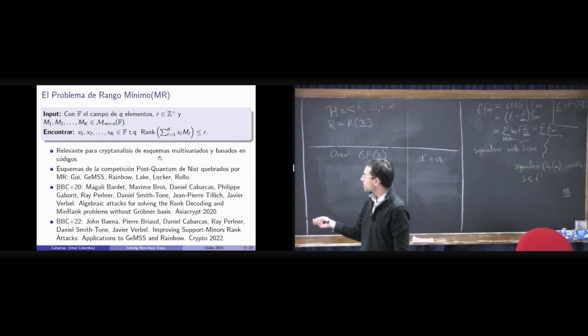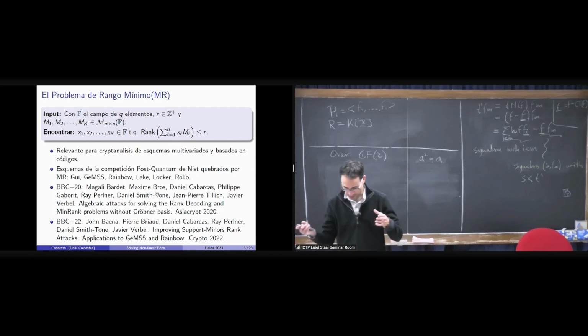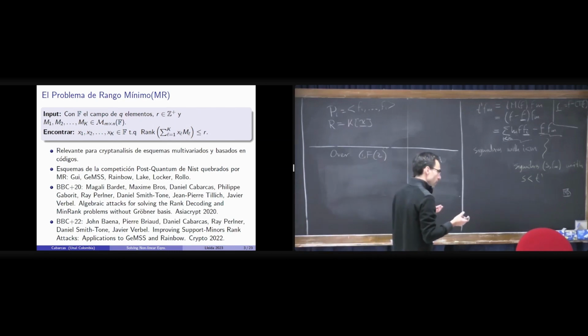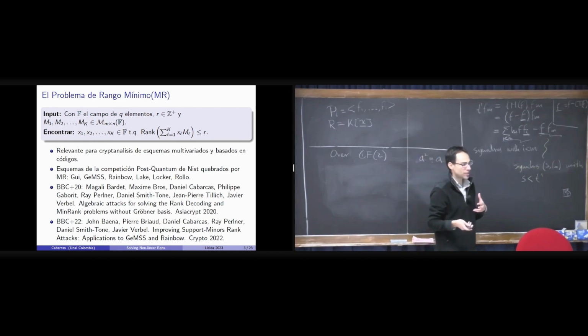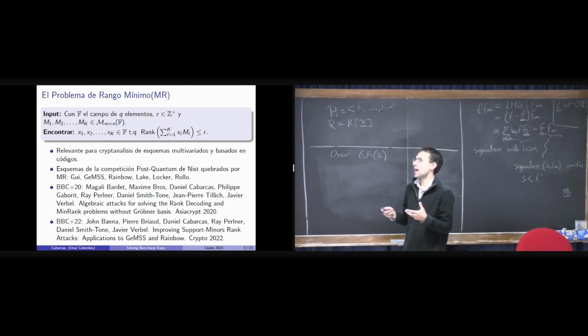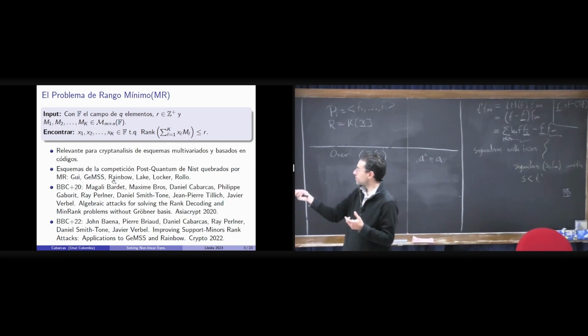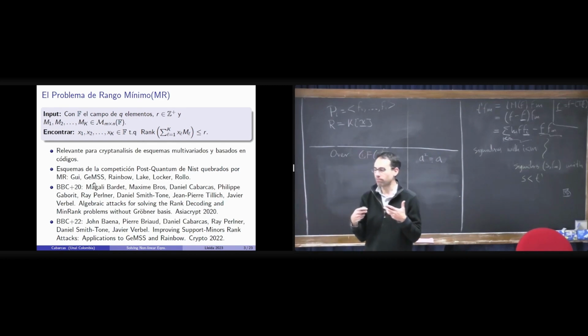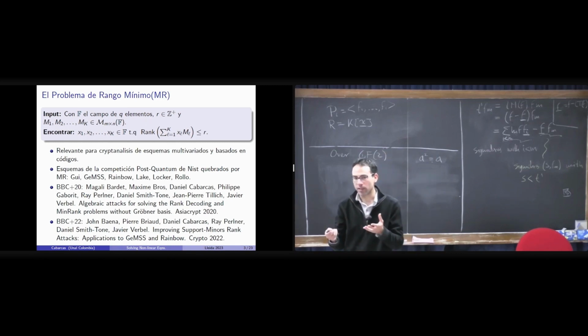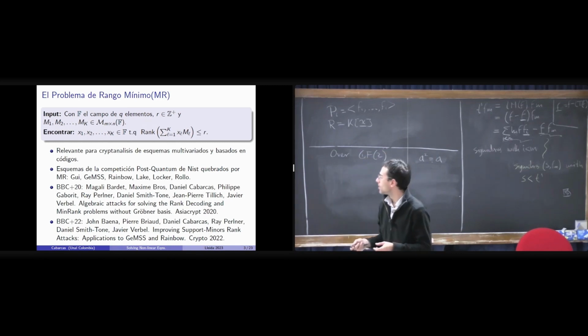And here in this paper, we were able to break some of the rank versions, and part of what we did was we developed a new way to describe this problem as a system of polynomial equations, and we developed an algorithm to solve that system.